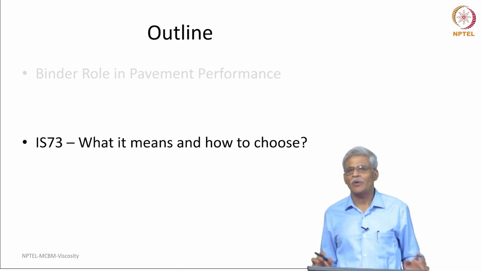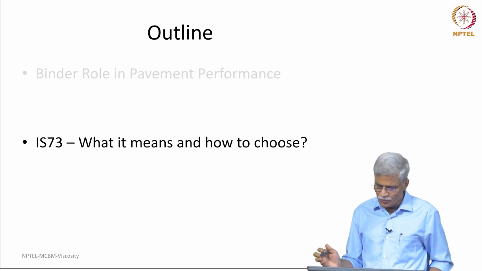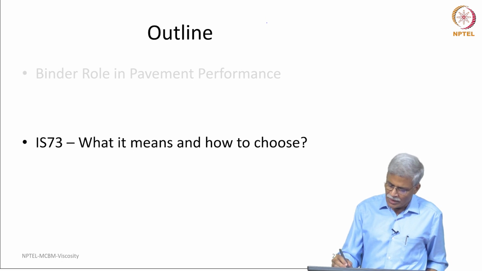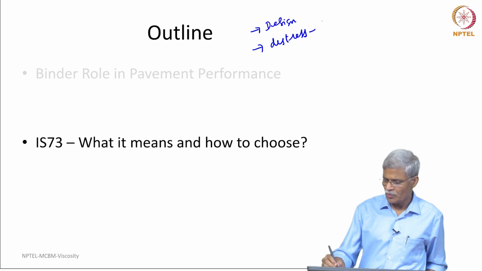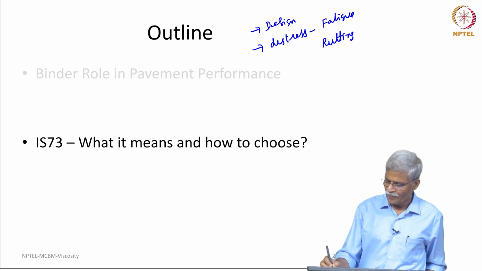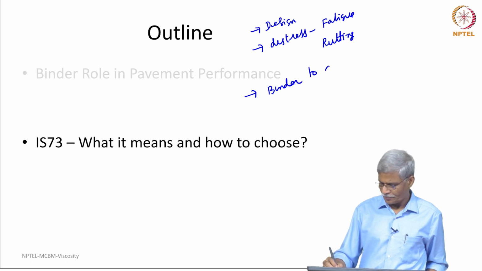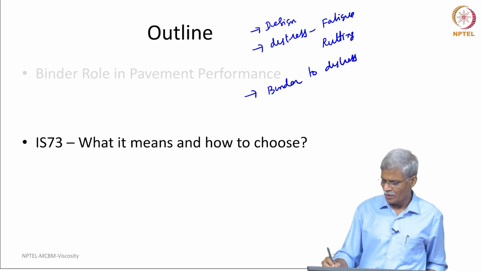So, what we discussed till now is the design of pavement, number 1, what really are the distresses, and when we talked about distress, we talked about fatigue and rutting, and what the relation of binder to distress is.